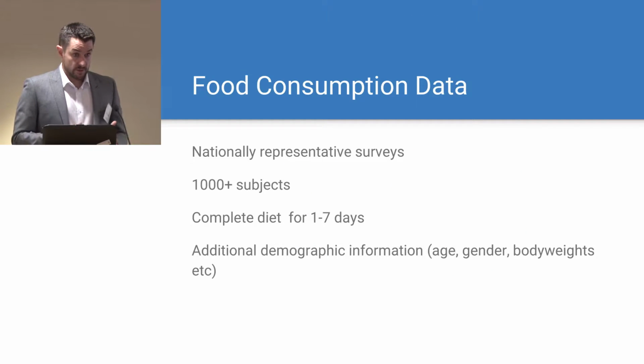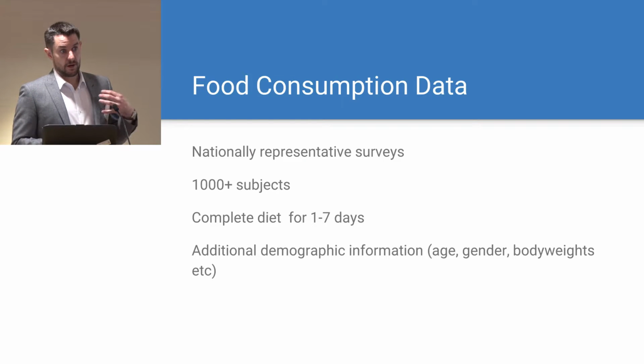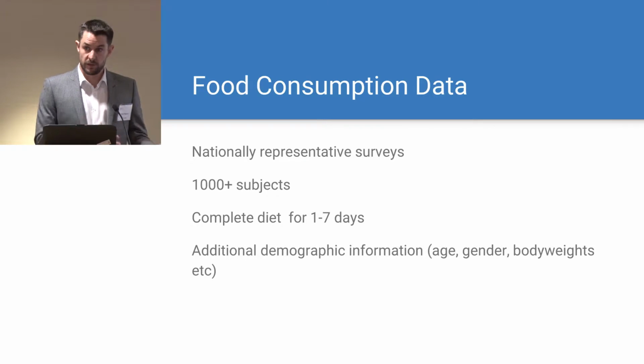And the main input was dietary surveys. So these are very, very common in Europe and the US. So in the US, you've got the National Health and Nutrition Examination Survey, the dietary component of which is called What We Eat in America. Most European member states have a nationally representative food consumption survey as well. And the idea is you survey over 1,000 people. You look at their complete diet for 1 to 7 days. So in the US database, you have 2 days for every consumer.